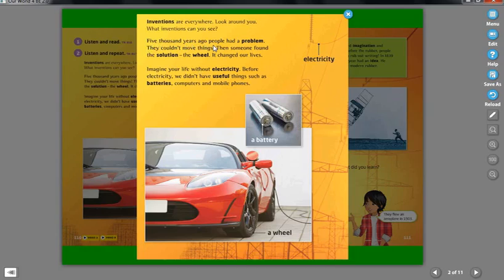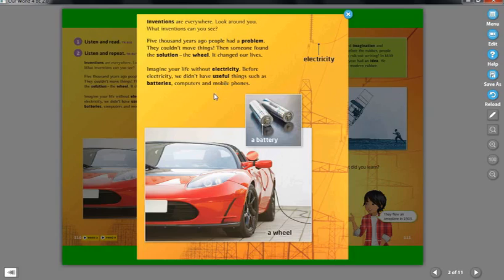5,000 years ago, people had a problem, okay? And could they find a solution? Yes, they could. They found the solution. What is the solution? It's the wheel, okay? And electricity is very important for us, you know it. And before electricity, what did the people use?